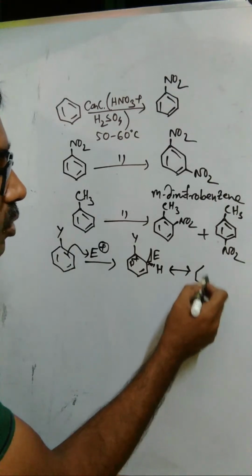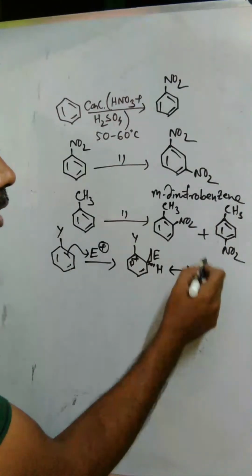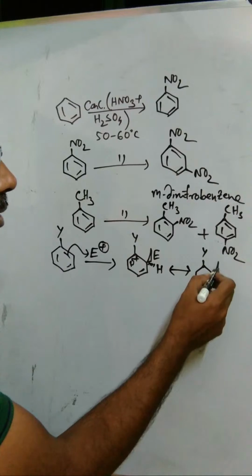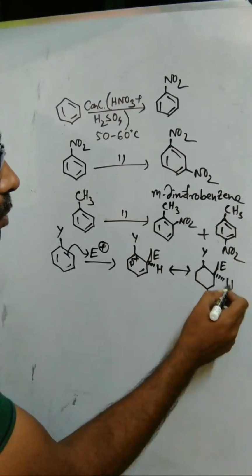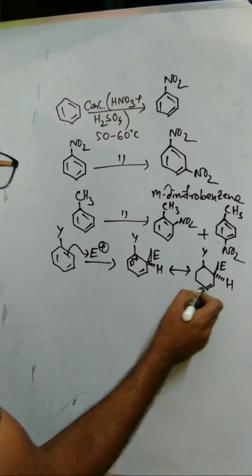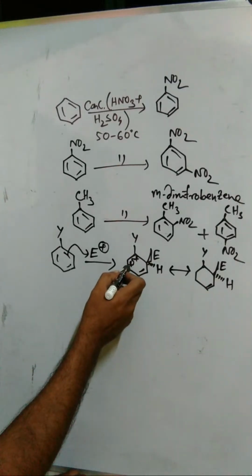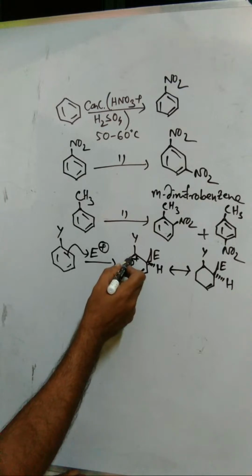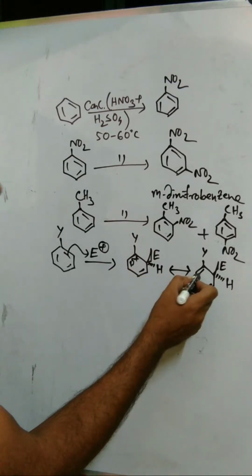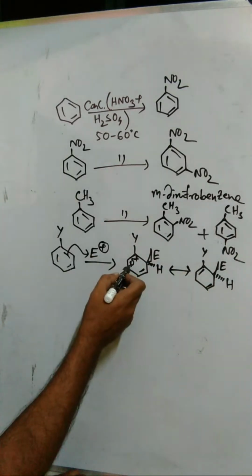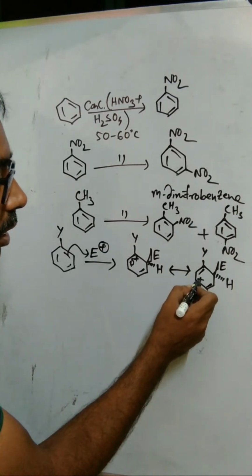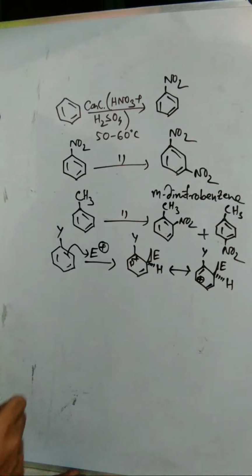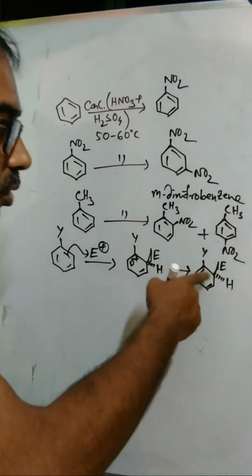So the resonating structure will have the Y substituent already present, the E above the plane, hydrogen below the plane, the other pi bonds intact, and the pi bond shifts from this bond to there. So a double bond comes here, and the pi bond is broken from this carbon, so the positive charge will be on this carbon. That will be one of the resonating structures.